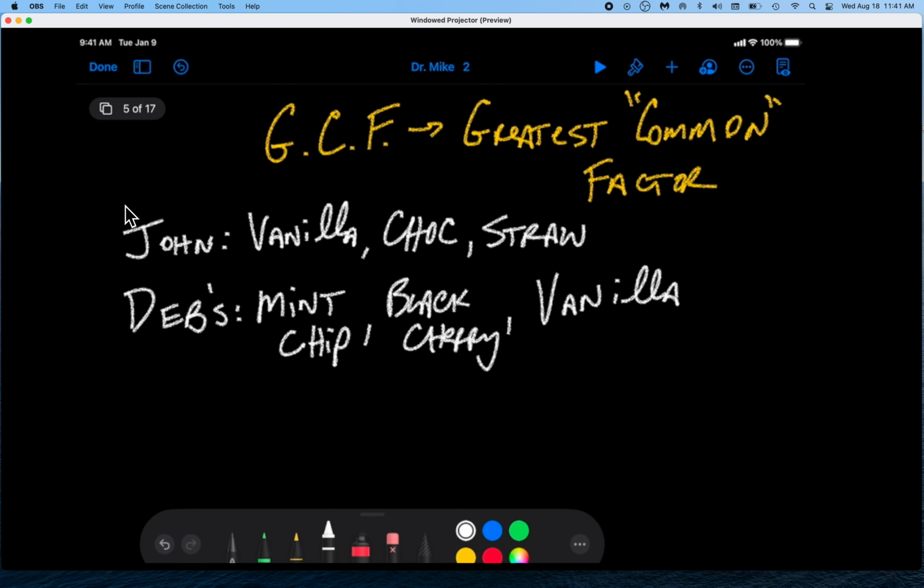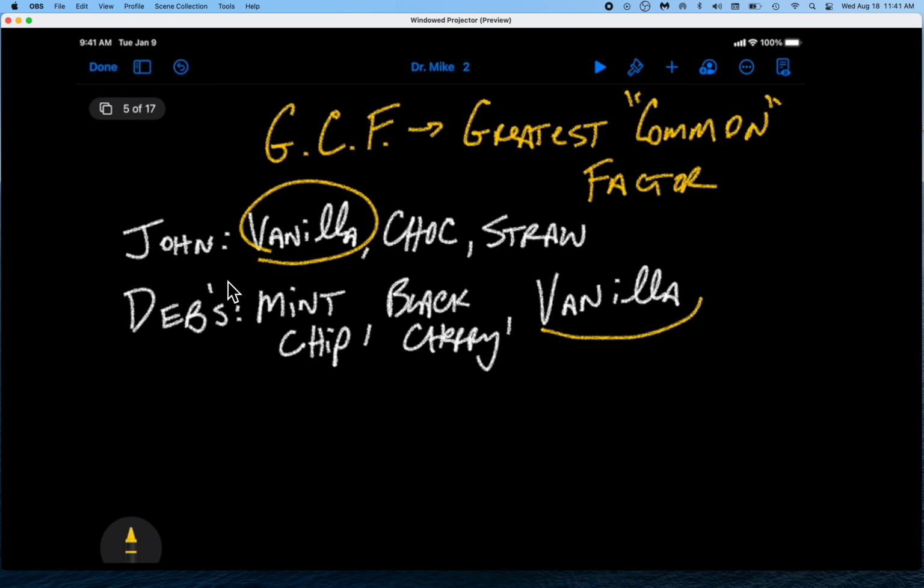Folks, do the two students have any favorite ice cream flavor in common? Yes, vanilla. Here it is. This is a common favorite flavor.